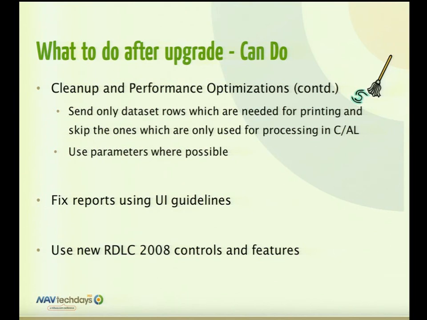But if you're doing that, you don't want to send them all the way to Visual Studio and make a huge dataset. So if you are using records just for processing, skip them, and use internal variables to do that looping so that you can have a clean dataset.